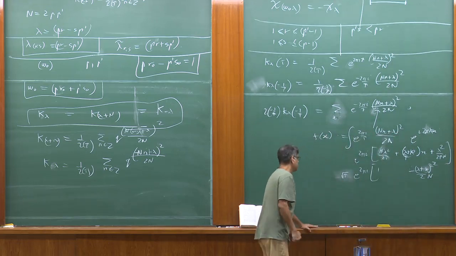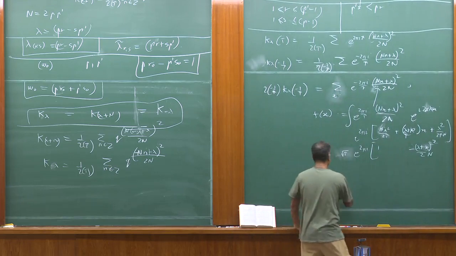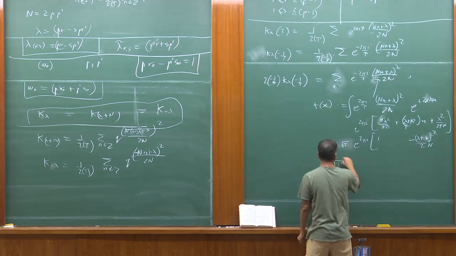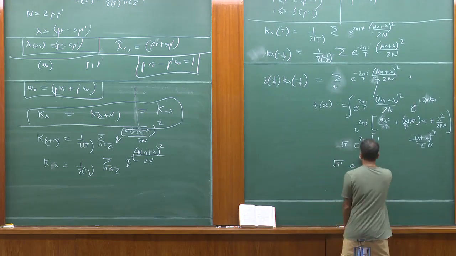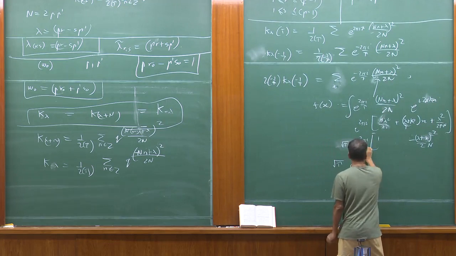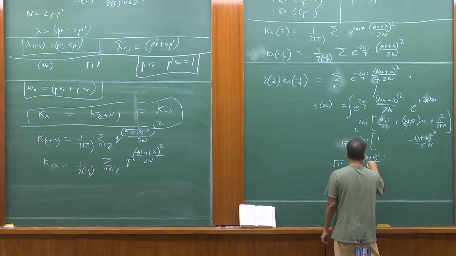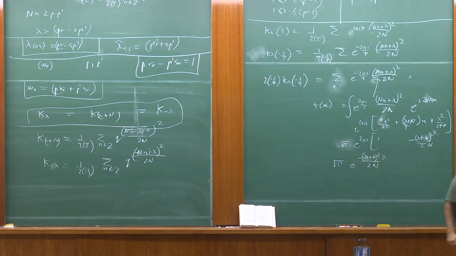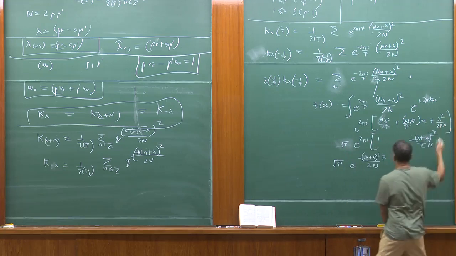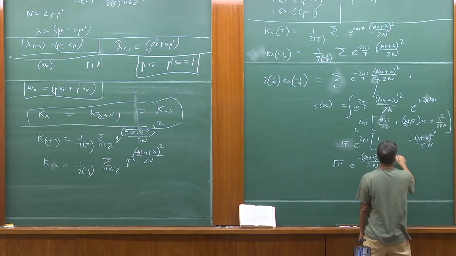So I get a factor of square root tau by doing the integral. Please check me. Then I get square root tau times e to the power minus lambda plus k the whole thing squared tau by 2n, and then whatever was there before, which was plus lambda squared by 2 tau n.